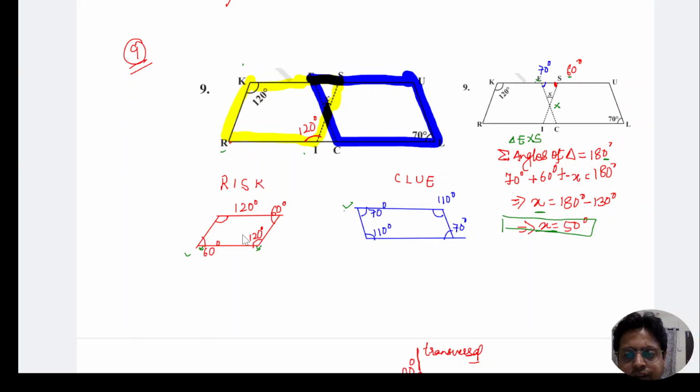By using simple properties of parallelograms, opposite angles and adjacent angles, we found that angle S is equal to 60 degrees. Using a similar concept in the other parallelogram, we found this angle is 70 degrees. Then in this area a triangle is formed, and we found the third angle of the triangle by using the fact that the sum of all angles of a triangle is 180 degrees. It was simple.